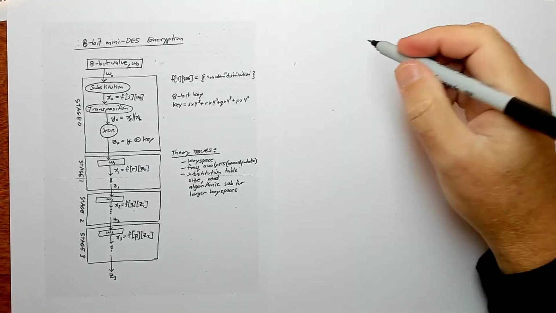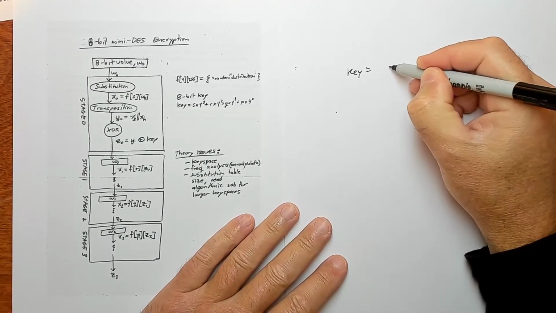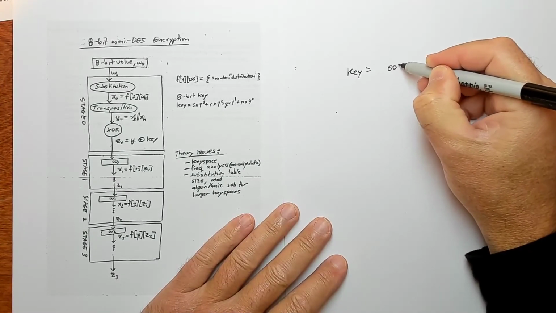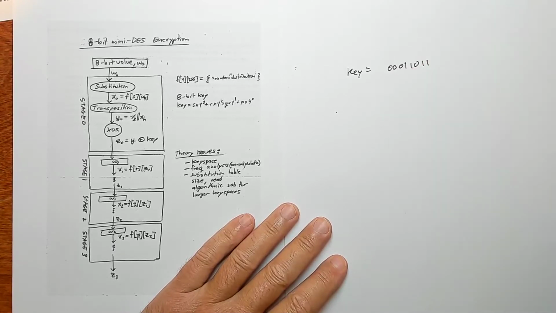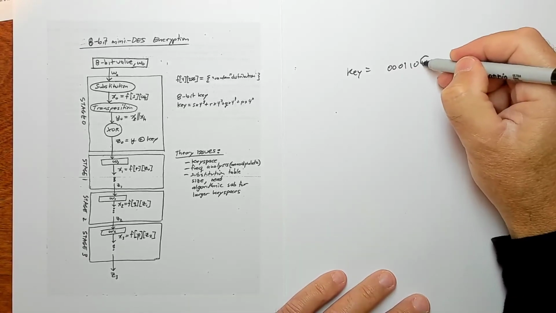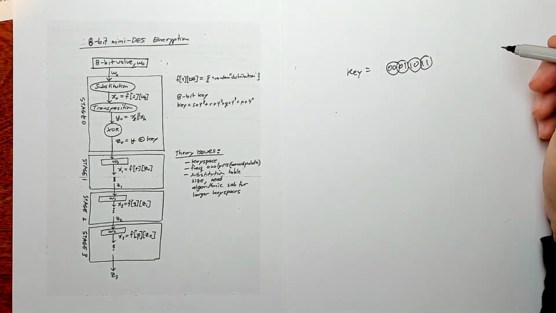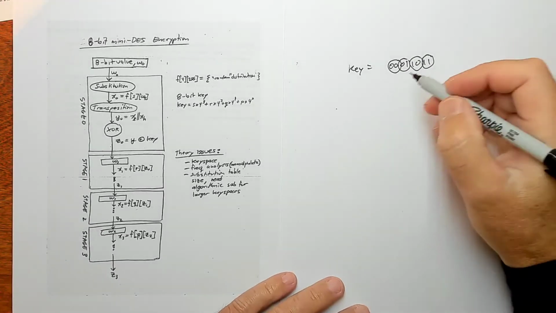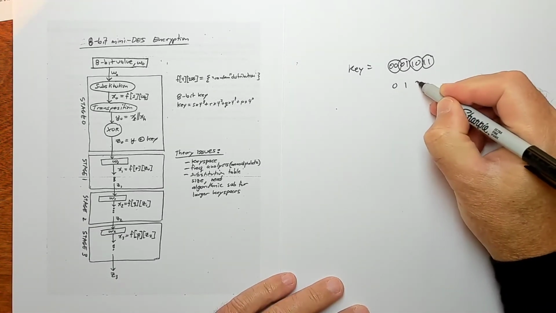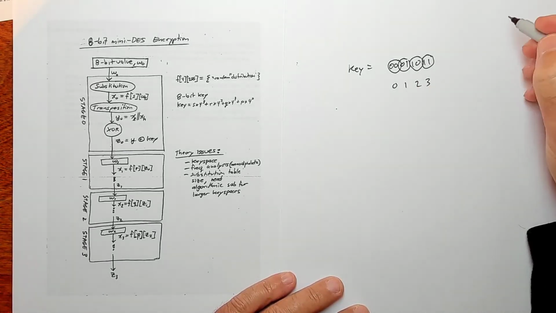So, for example, let's say this were the key. That's 8 bits. You could break this up like that. So these have the values 0, 1, 2, 3. It's a base 4 number, right?